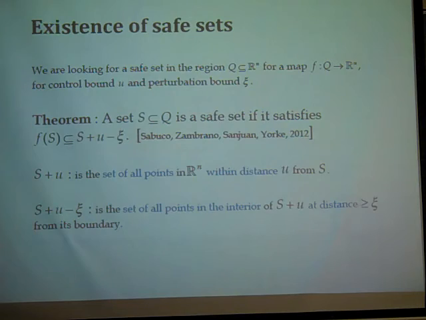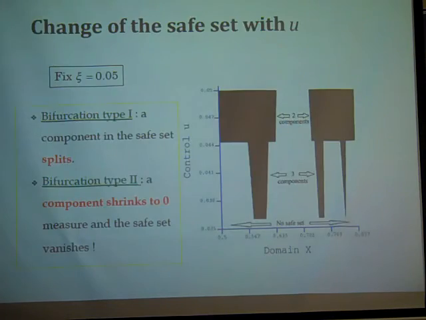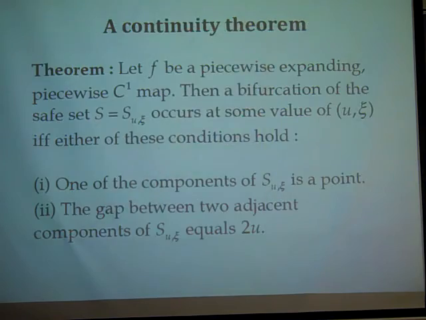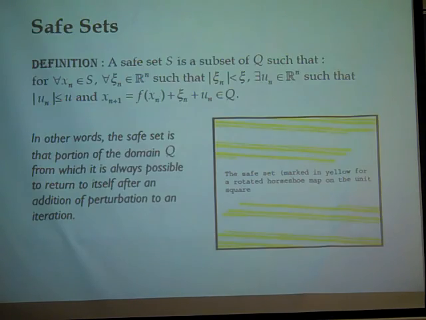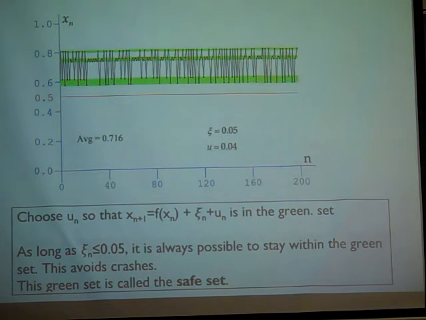So, if you look more closely at this, I'm choosing un so that I'm always bringing myself to the nearest available green interval.